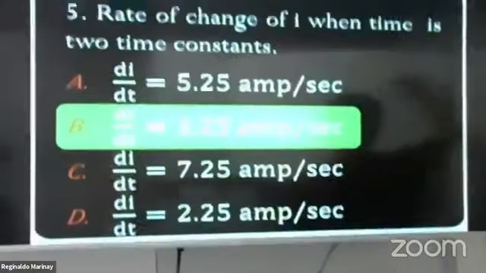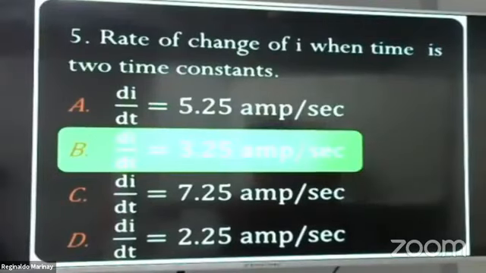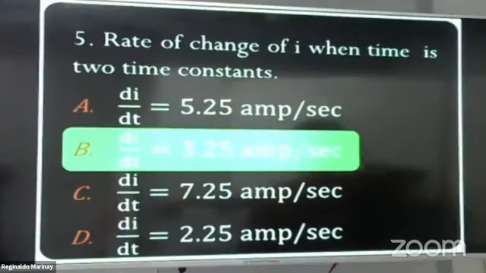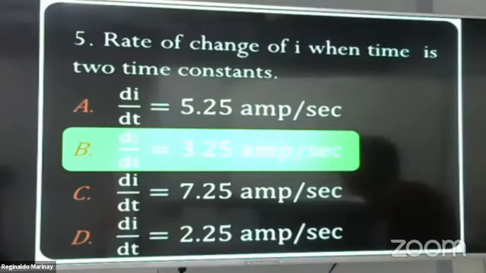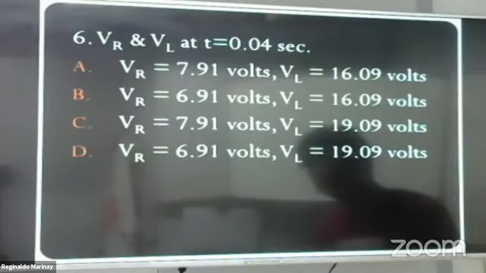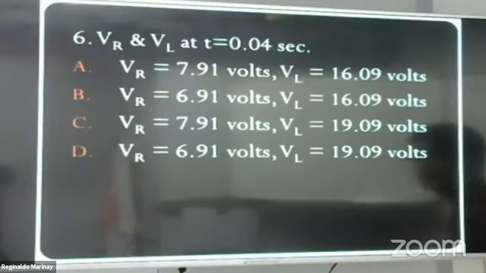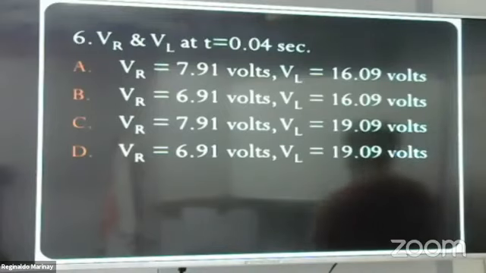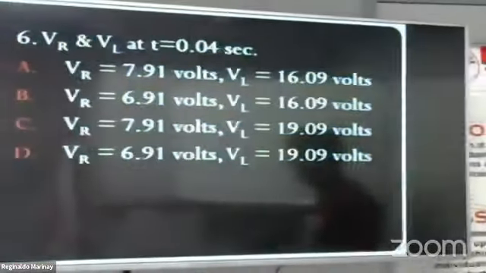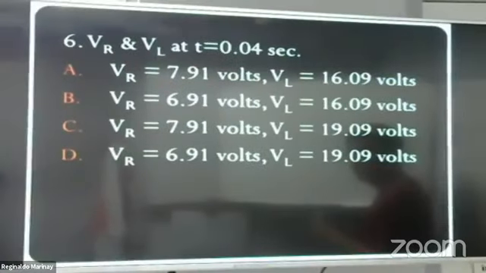Ano ang tanong sa number 6? Okay, let's go over to question number 6. VR and VL at time t equal to 0.04 second.